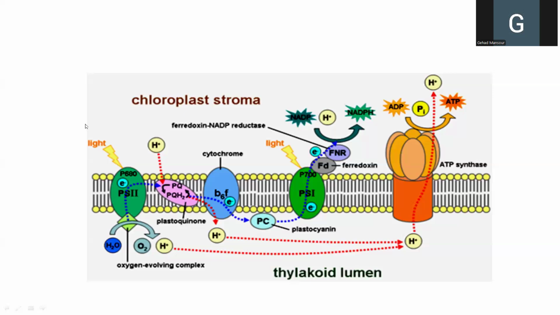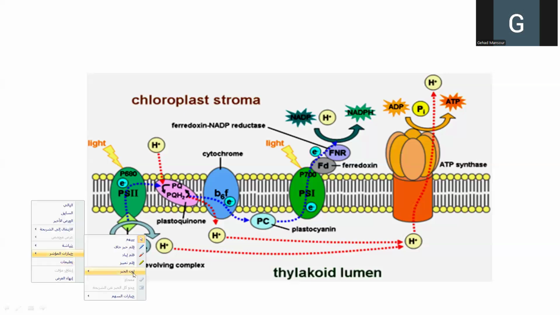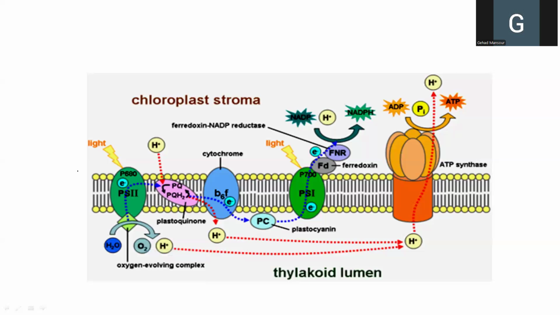Now, let's start here, with the exposure to the photons of the solar light energy. These photons fall onto photosystem 2. So what does this green structure represent? It represents the pigments in photosystem 2.